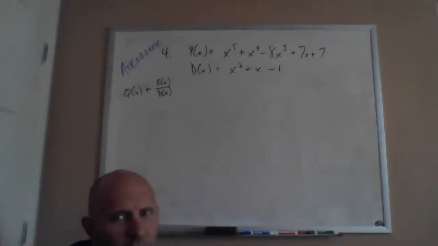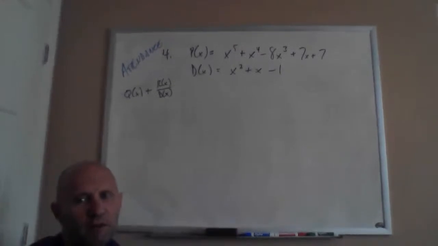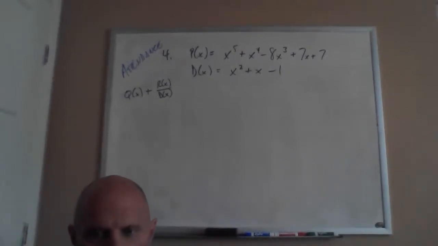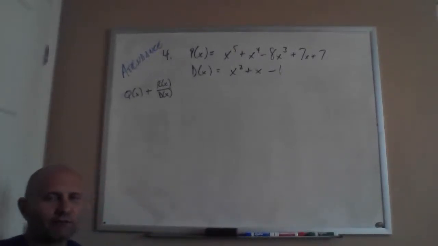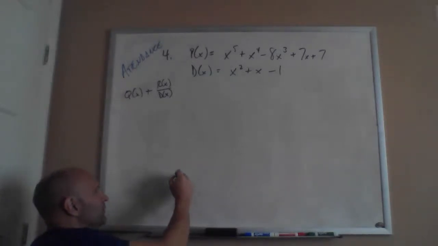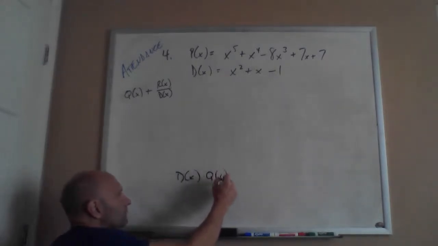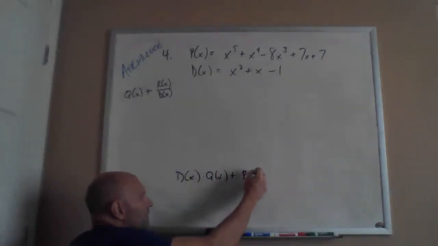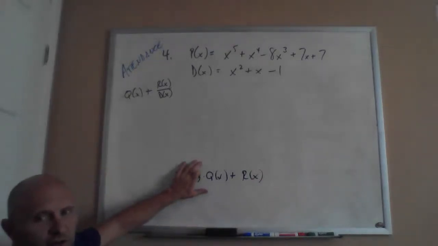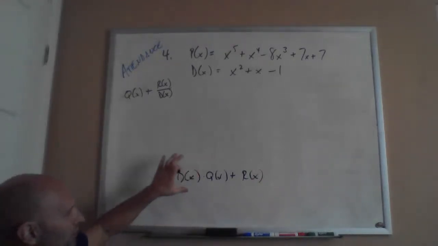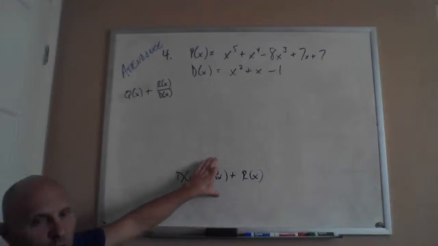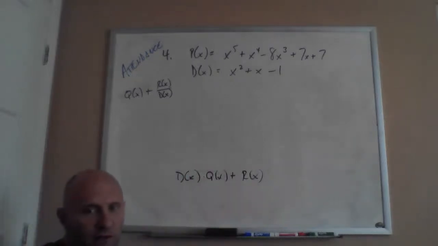Oh, okay. So I see, Amber. So again, yeah, you have to enter it exactly as it specifies. And so it's telling you enter it as d of x times q of x plus r of x. And you don't have d of x in there. You have to put the divisor times q of x plus r of x.